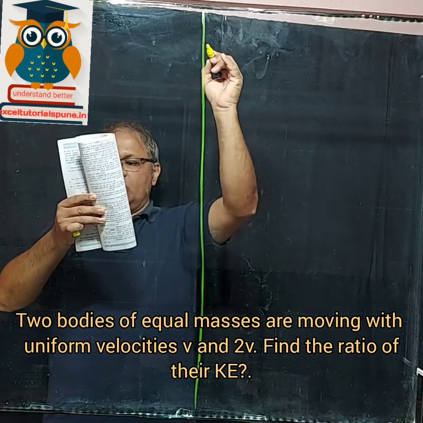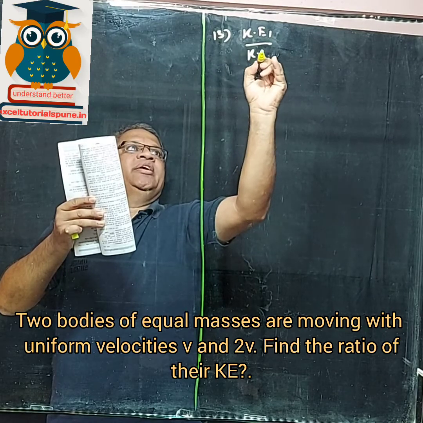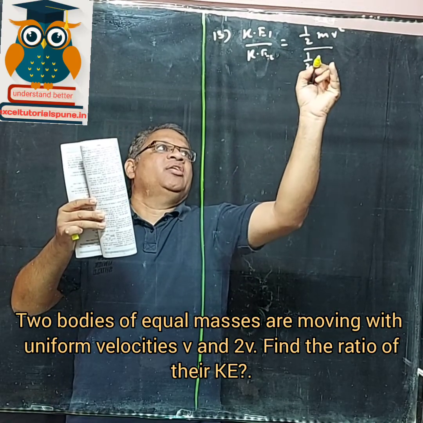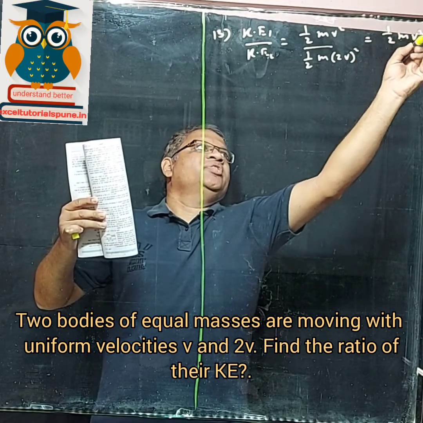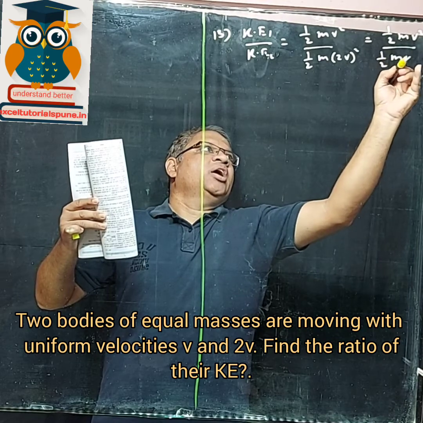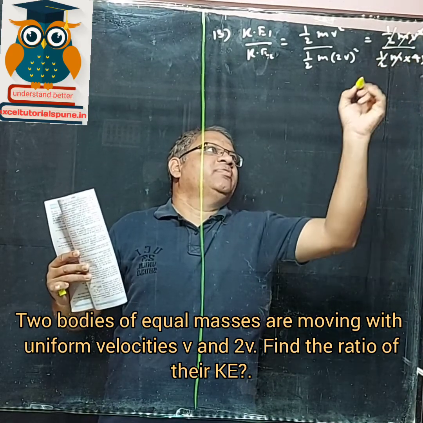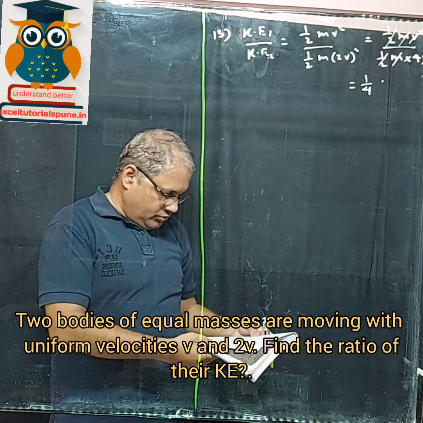So you just solve it like this. Kinetic energy 1 upon kinetic energy 2 is equal to half mv square upon half m into 2v whole square. So half mv square upon half m into 4v square. So v square gets cancelled, m gets cancelled, half gets cancelled. Answer is 1 upon 4. Okay. Next.